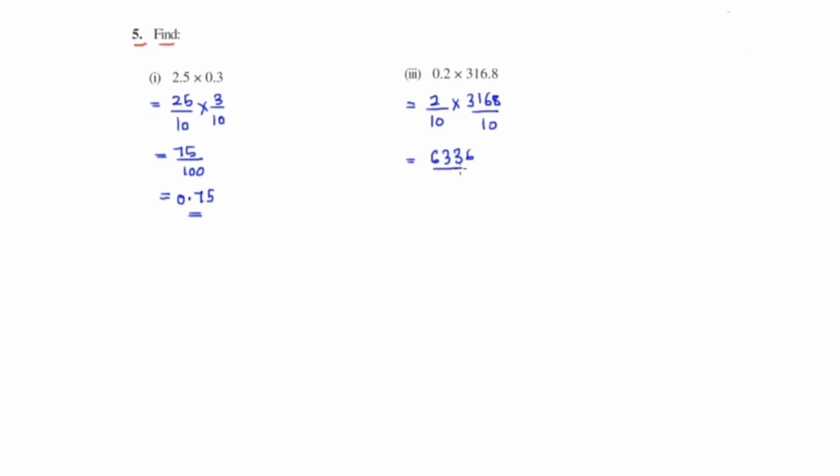Multiplying the numerators, we will get 6336 over 100. Count the zeros, we have 2, so putting the decimal point going right to left, we will have 63.36 as our result.